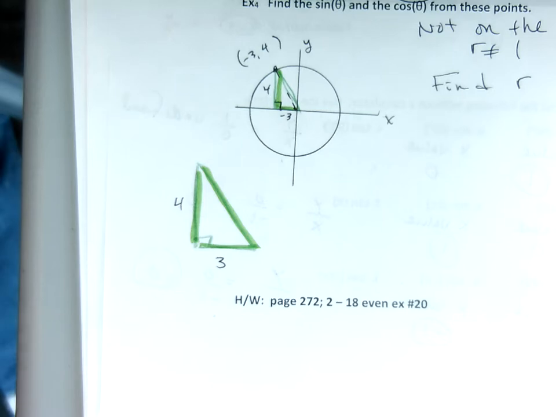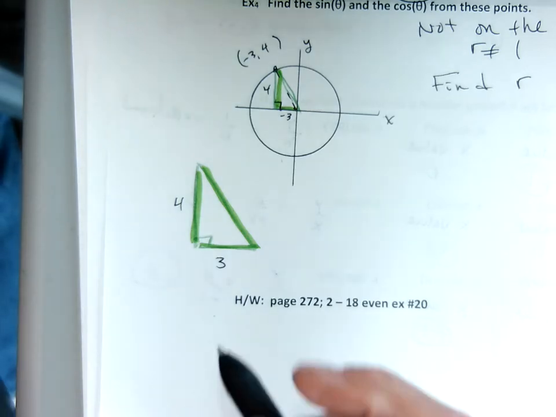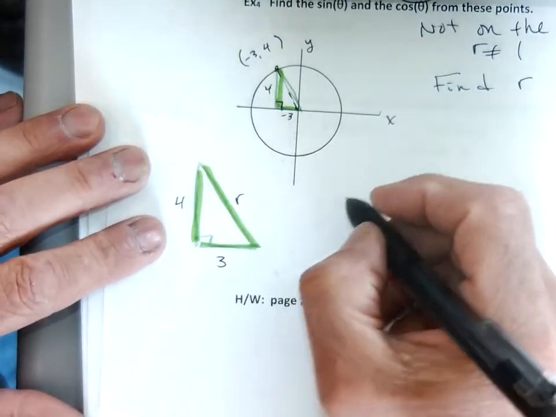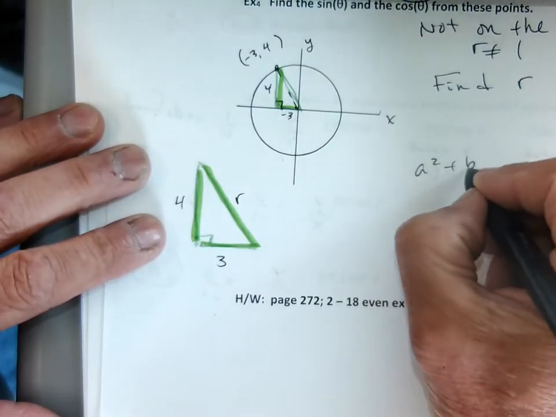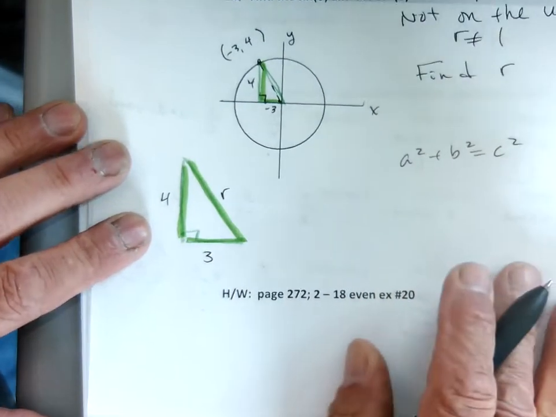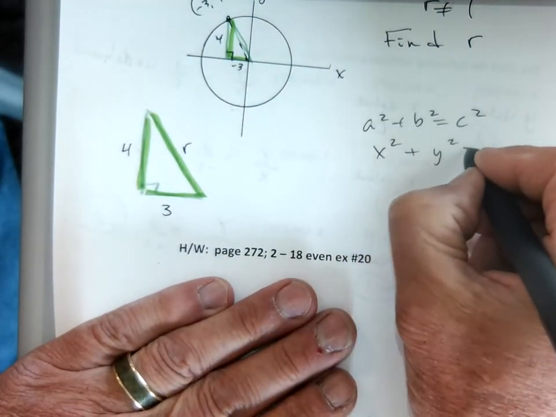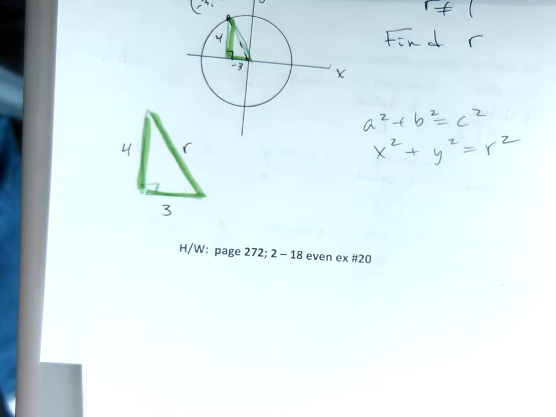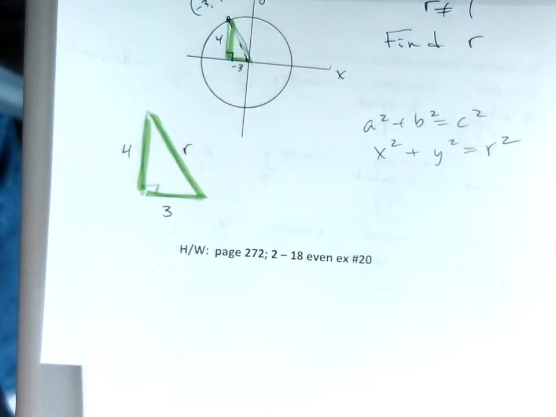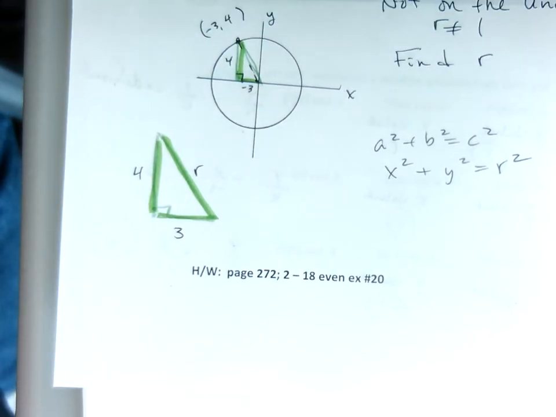If we want to use the Pythagorean theorem, instead of calling it negative 3, it's a length, right? So a squared plus b squared equals c squared. Wait, let's write it better: x squared plus y squared equals r squared. Same formula, but since we're in coordinates, let's use x, y, and r instead of a, b, and c.